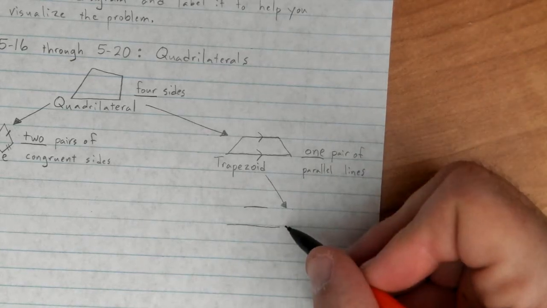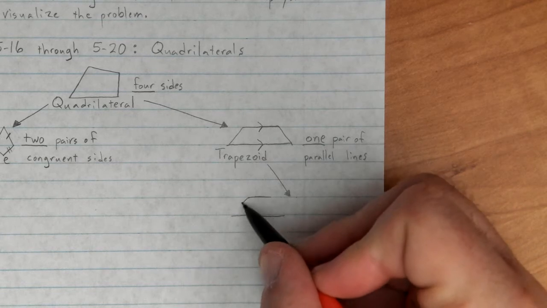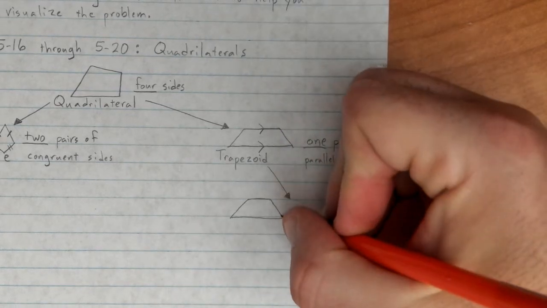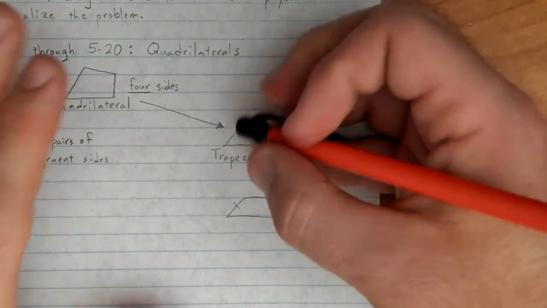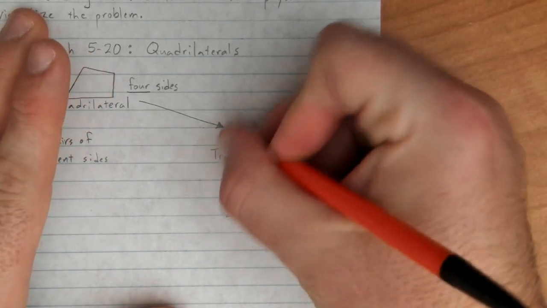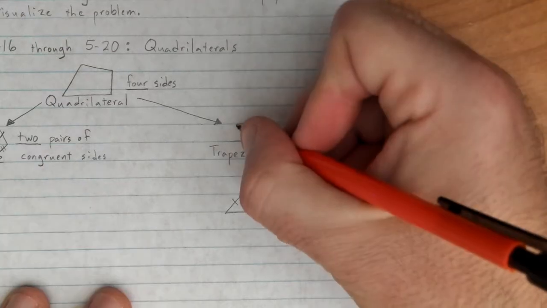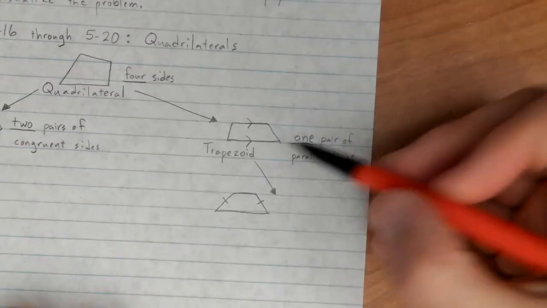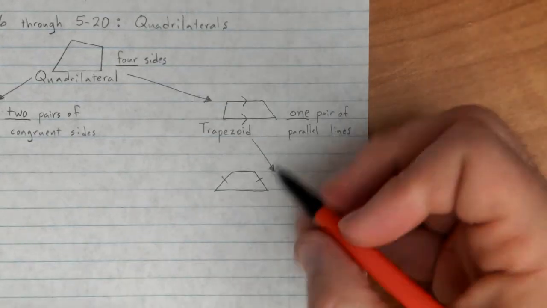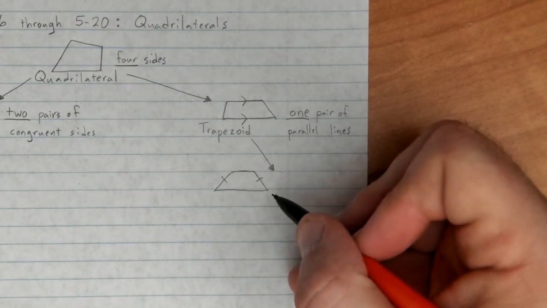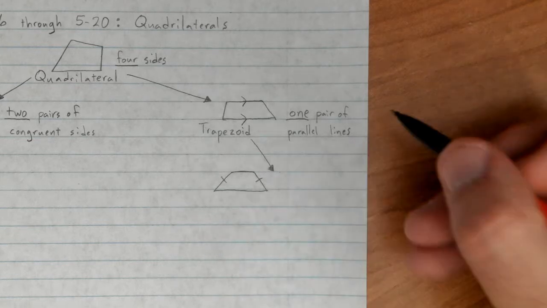It's going to start very similar. But the key on this one is that both of these sides need to be congruent. Now, this one actually looks a little more like that than I meant, so I'm going to adjust it just a little bit. Because this side and this side should not be the same. If they are the same, then we have a different figure.